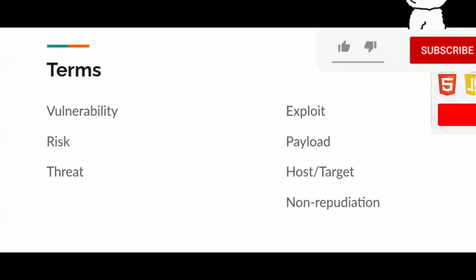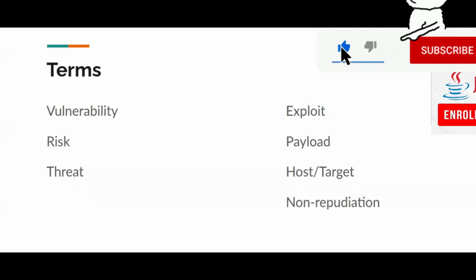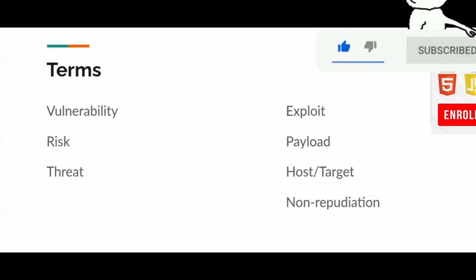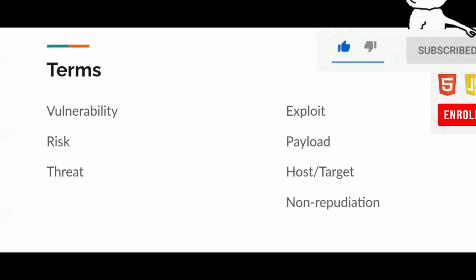Similarly, there are various tasks a user performs electronically, and they are tagged along with some digital information, which the person cannot deny, saying that I did not do this. So it's a very important term. Every one of us should keep it in mind. So that's with the terms.